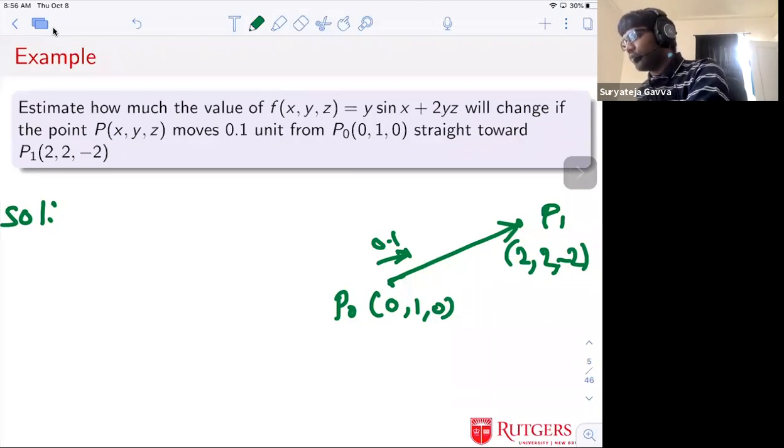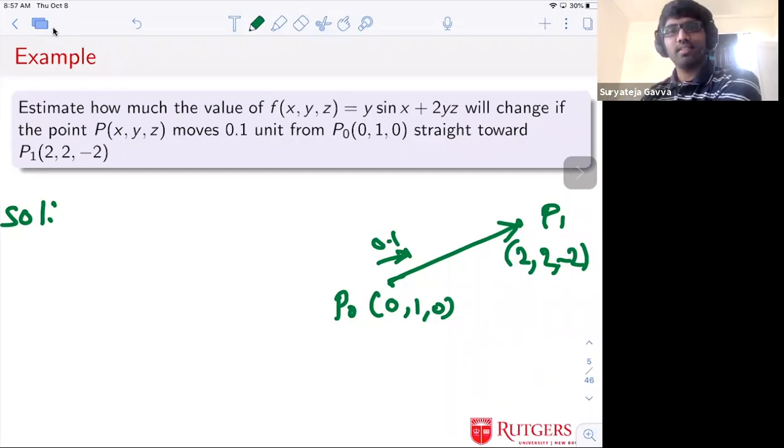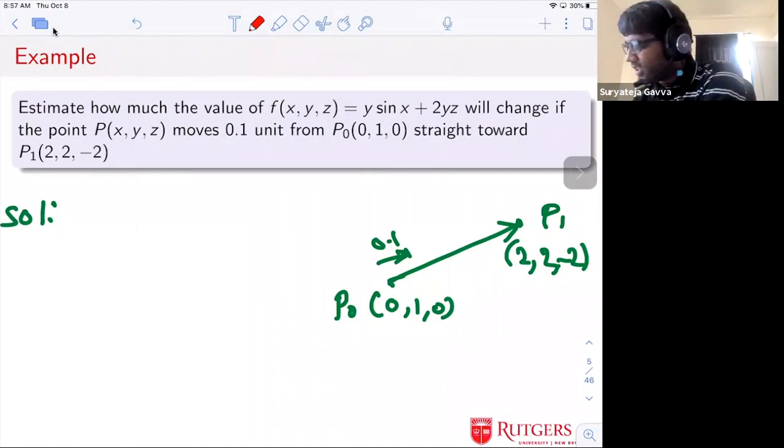Can you tell me what you would do to compute how much the function changes? Yeah, so this vector.